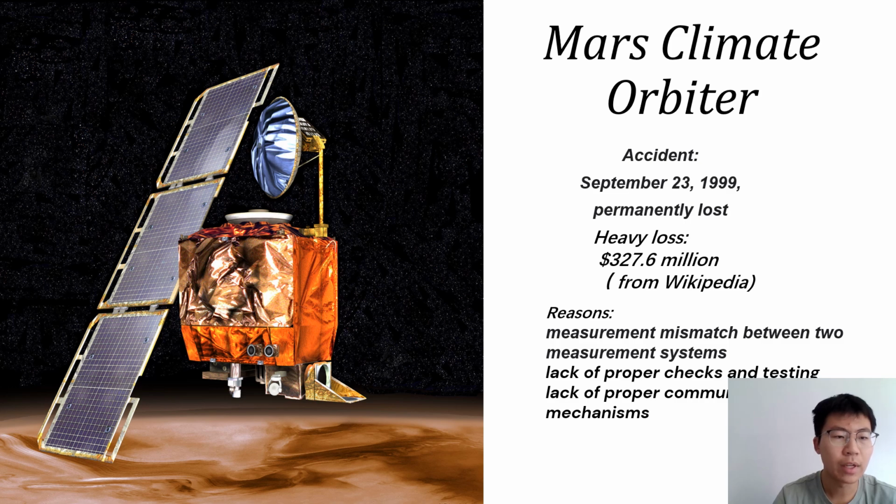discrepancy was that one piece of ground software supplied by Lockheed Martin produced results in a United States customary unit, contrary to its software interface specification (SIS), while a second system supplied by NASA expects those results to be in SI units.